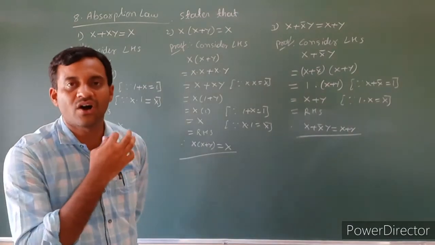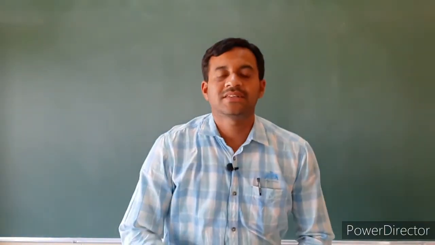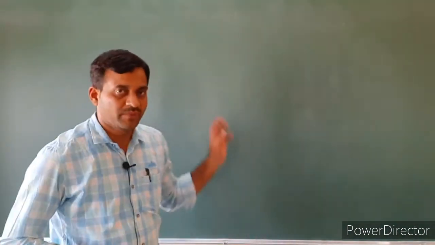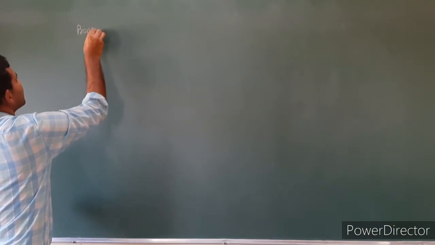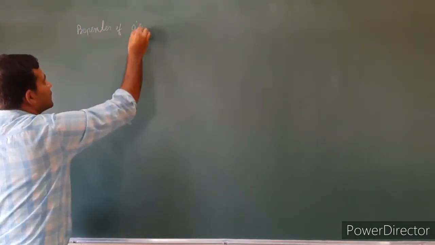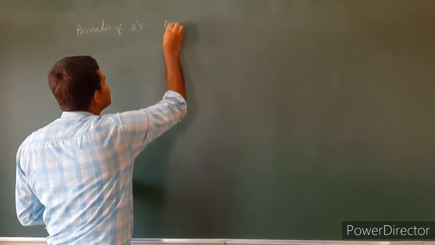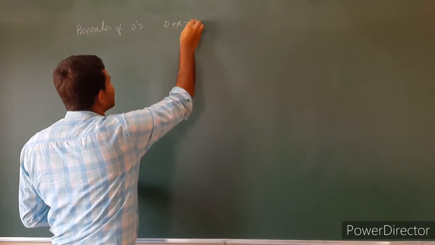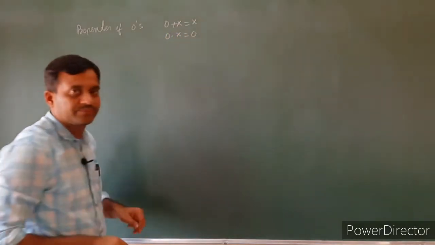Just to summarize all the Boolean theorems. Let's summarize all the Boolean theorems one by one. The first one is properties of zeros. Here 0 plus x which is equal to x, 0 into x which is equal to 0.